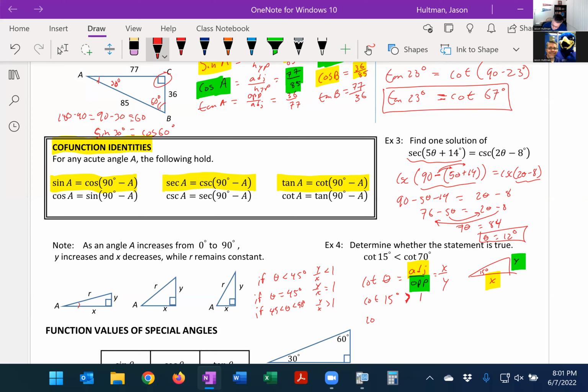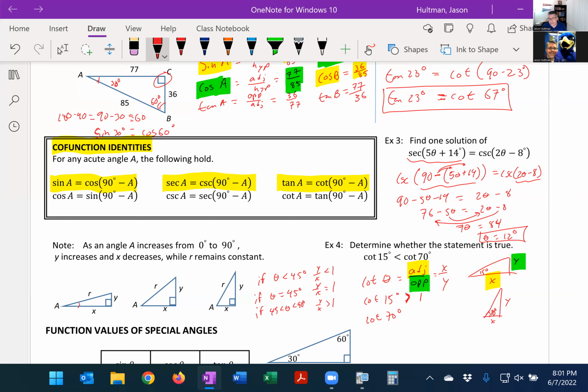And what about the cotangent of 70 degrees? Let's look at a 70-degree angle. Notice that in this case, x is smaller than y. So for the cotangent, x over y, I know it's kind of backwards from what we wrote previously with y over x.